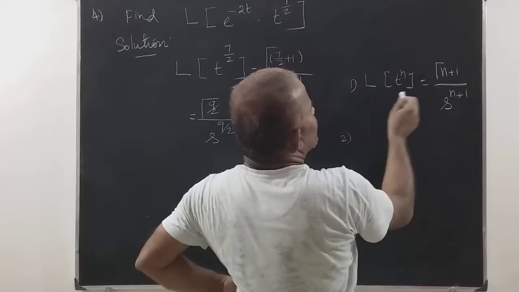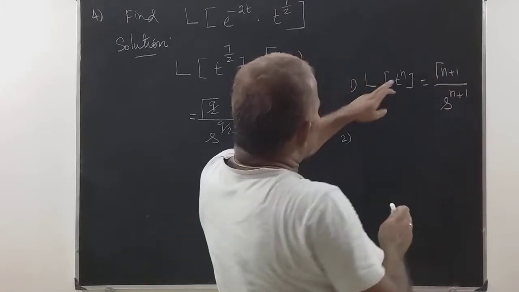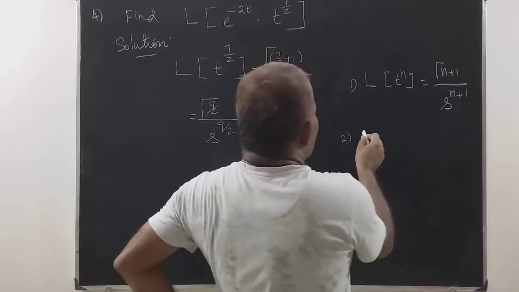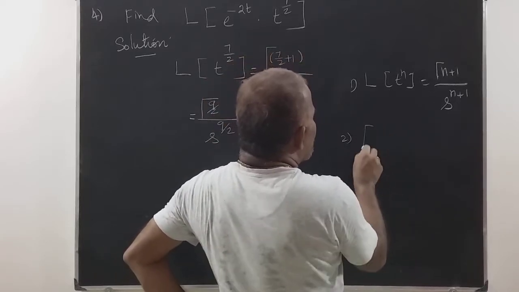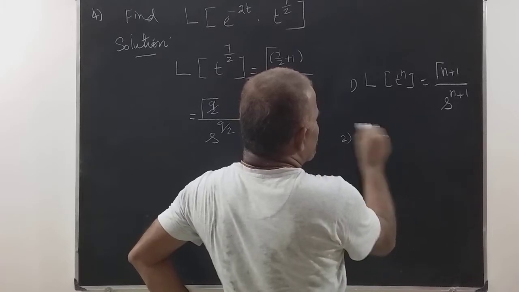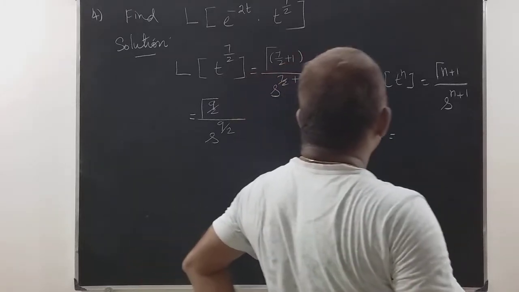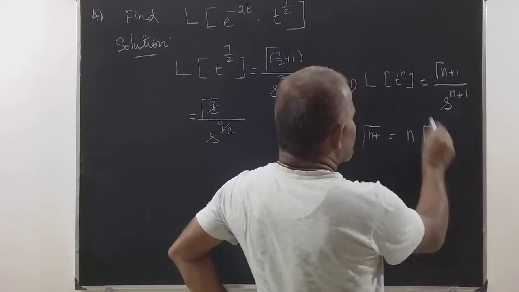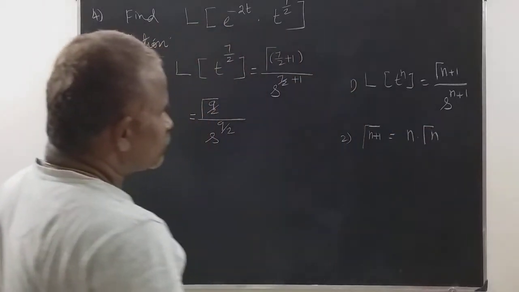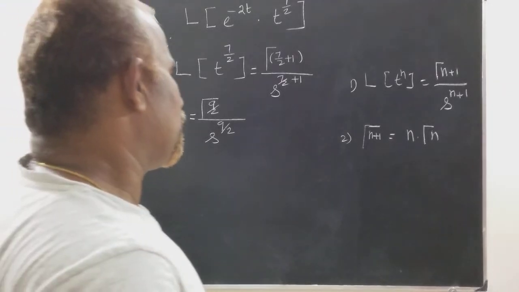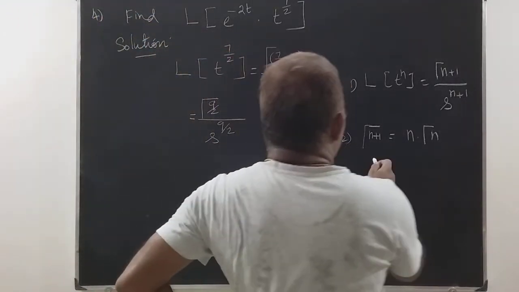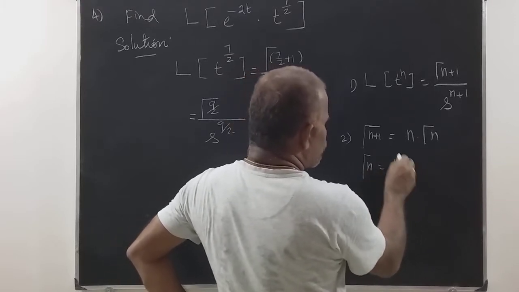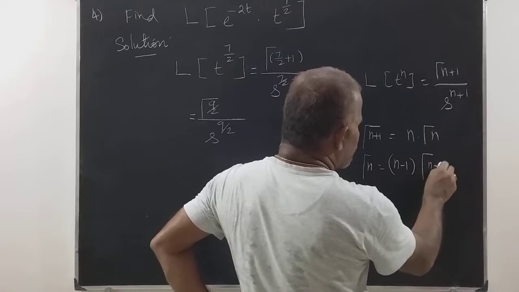And we know that this is result number 1, this is result number 2. Here gamma of n plus 1 is equal to n into gamma of n. Similarly, gamma of n is equal to n minus 1 into gamma of n minus 1.